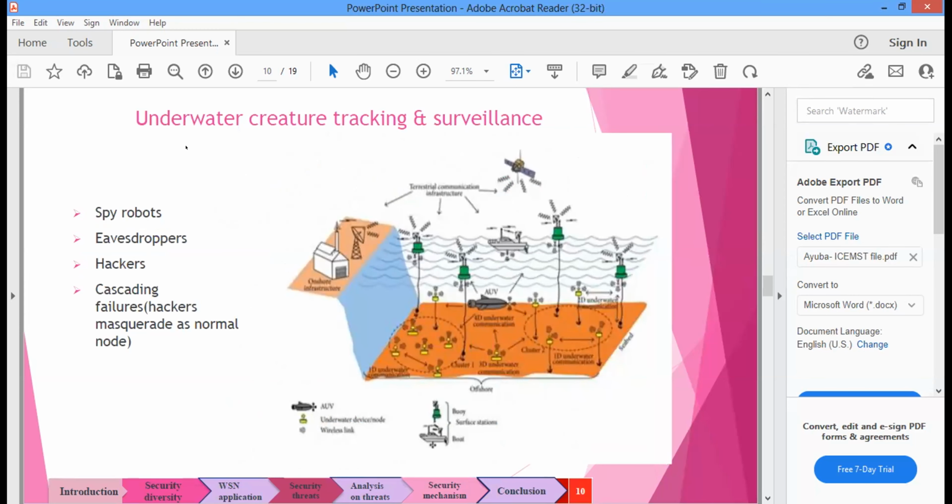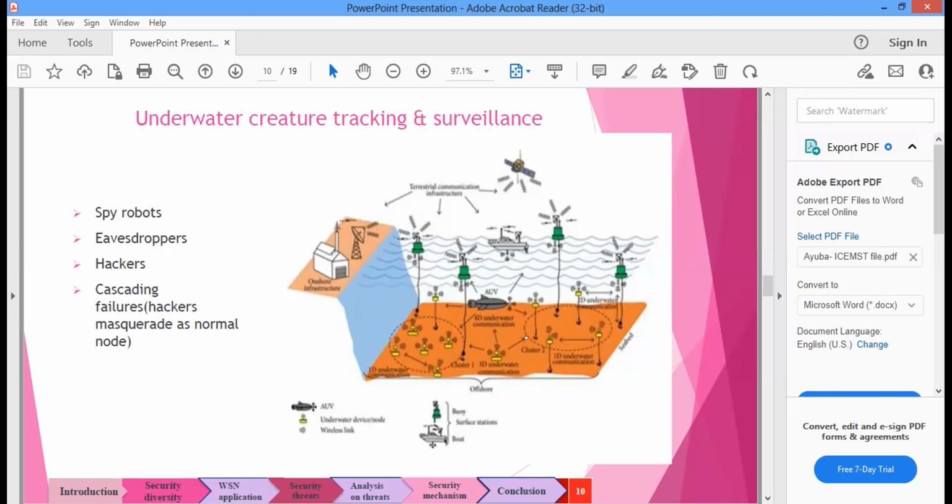Two, next, we have underwater creature tracking and surveillance. This kind of system is used by naval officers to protect their country's border.